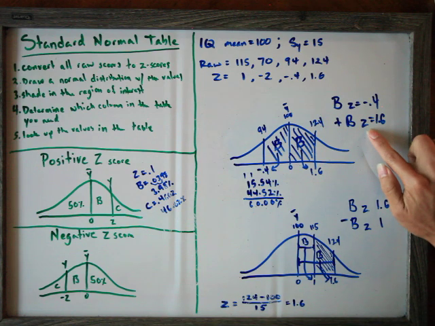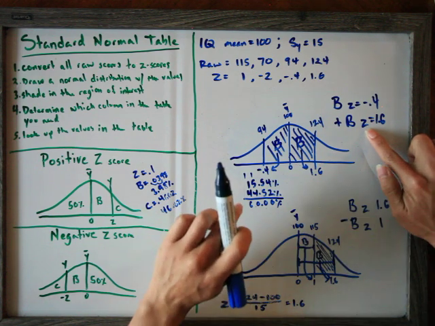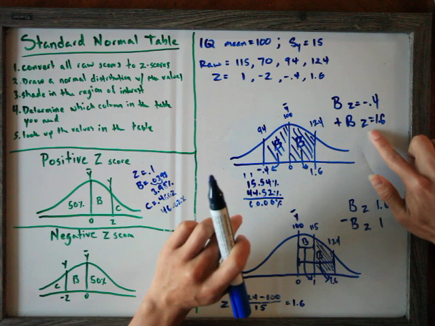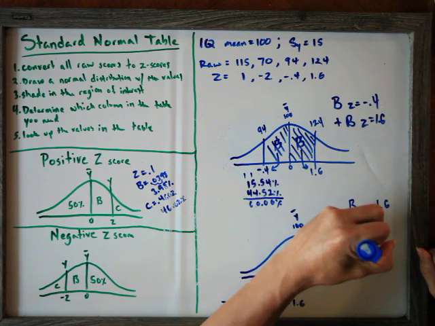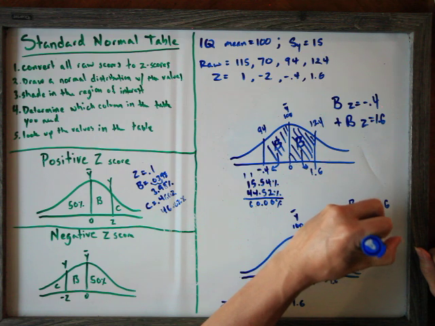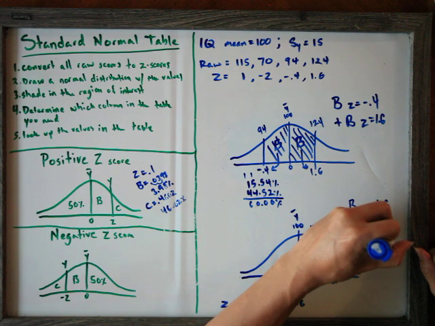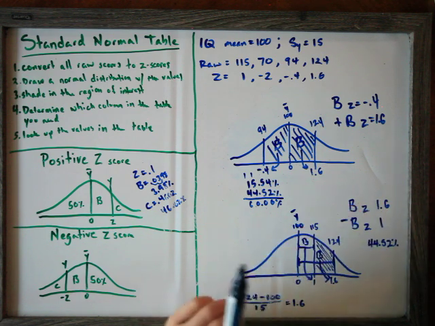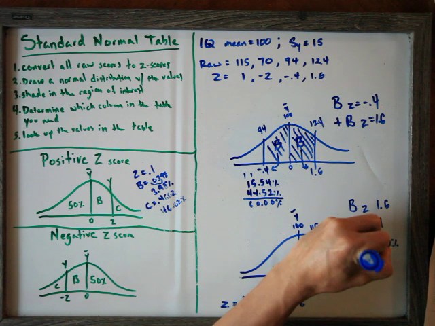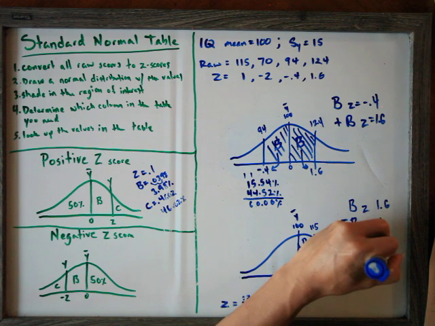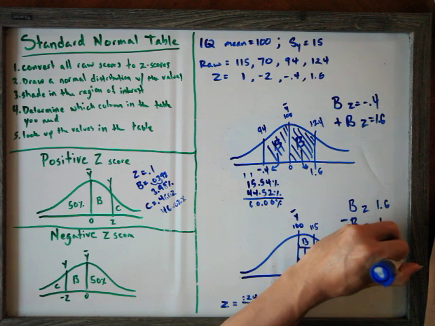Well, we know from our last problem that the column B for a z-score of 1.6 is 44.52. So we know that that's our first value up here, 44.52%. Now all we need to do is find B for a value of 1. Okay, so we're going to look at our chart for 1, and B is 34.13%.